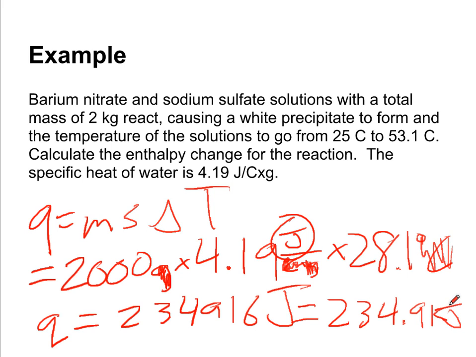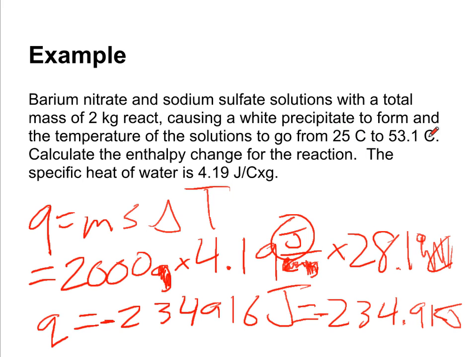One important thing to remember when using this equation, we're always working from the point of view of the system. So that means that since the temperature of the water went up, water being the surroundings, this is actually a negative change. So we would actually have to make this value a negative. The system lost this much energy to cause the surroundings, the water, to go from 25 to 53.1 degrees.